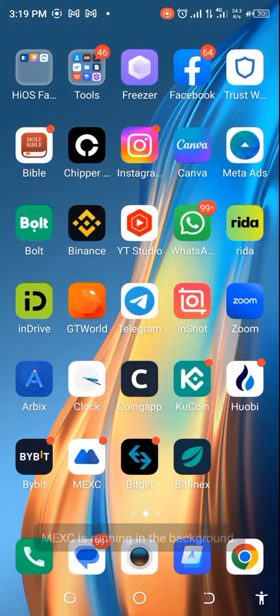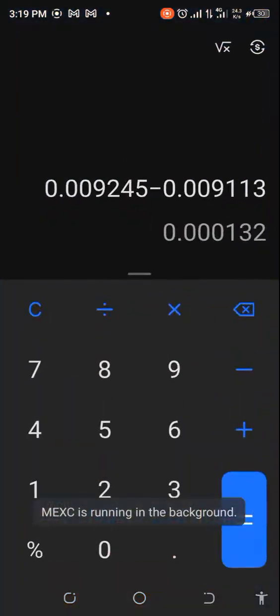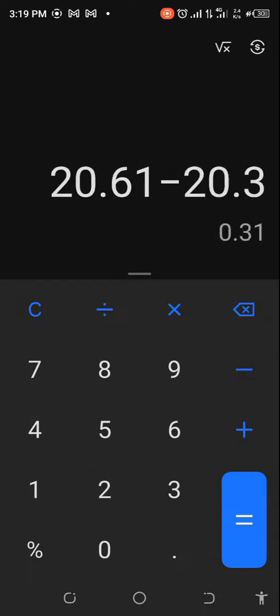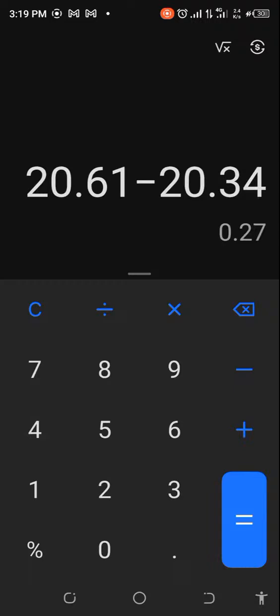So let's go check what our profit margin is. 20.61 minus 20.34. So we had 27 cents. So what would we call this particular percentage? Let's go back to our 20 point.